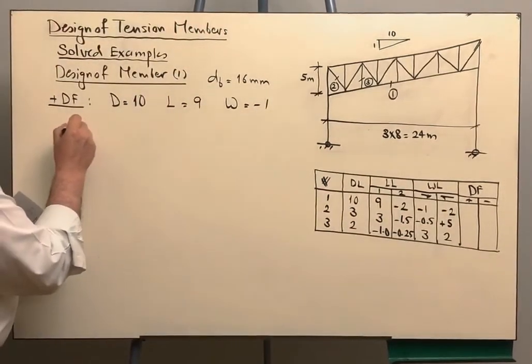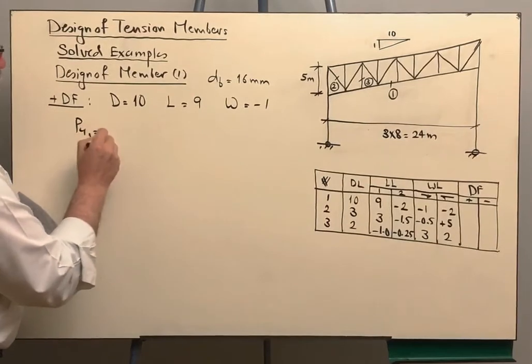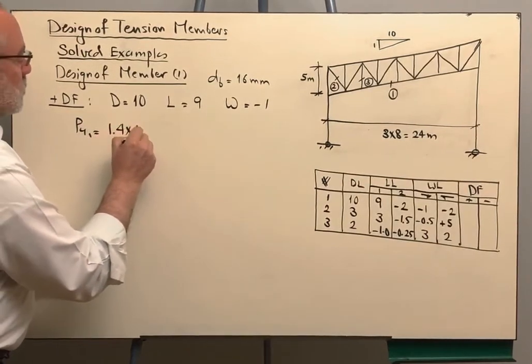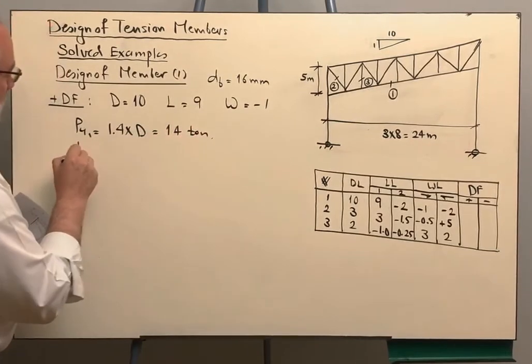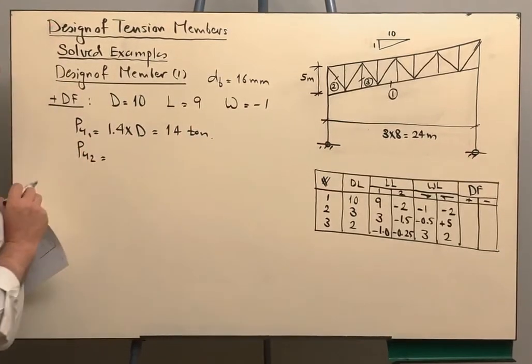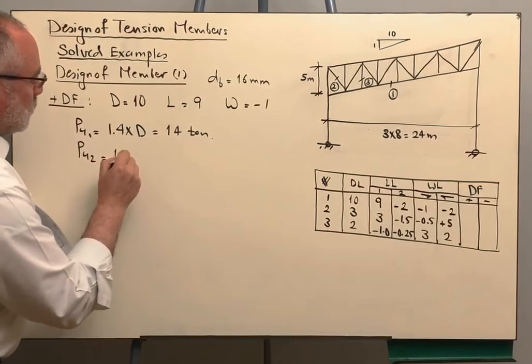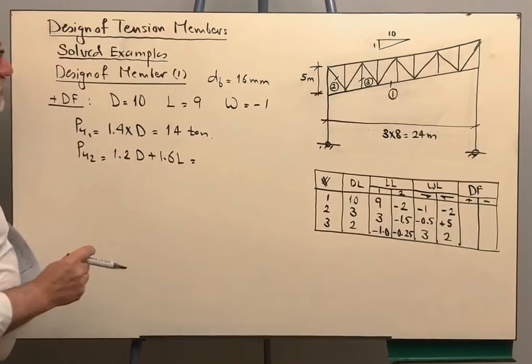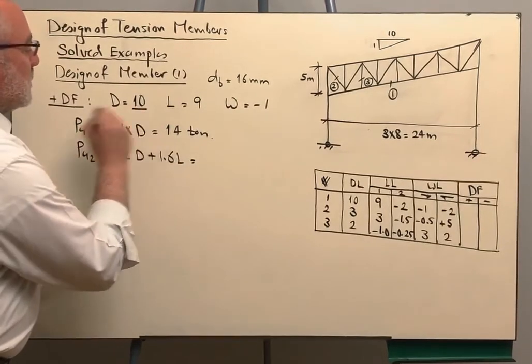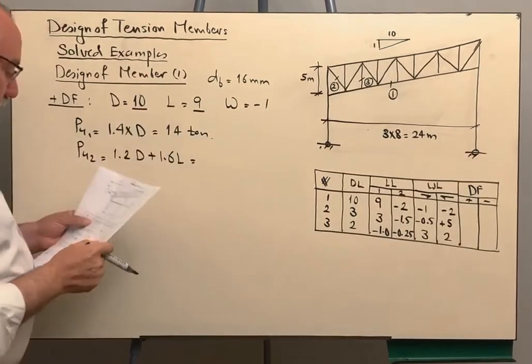Then we are going to plug in the first load combination equation, which is 1.4 dead. This will be 14 tons. The second load combination equation is 1.2 dead plus 1.6 live. We are substituting here the dead load by 10 and the live load by 9.